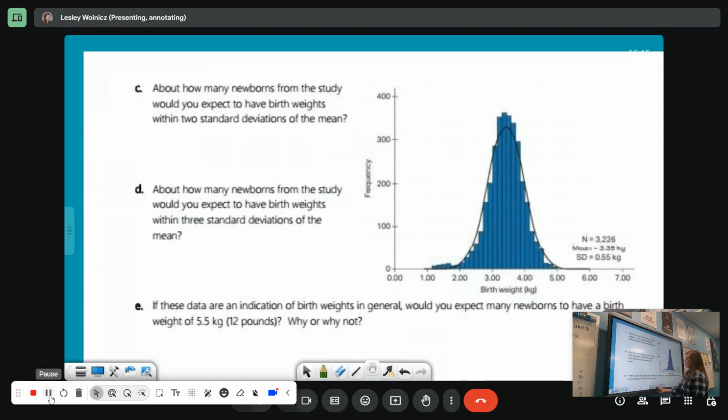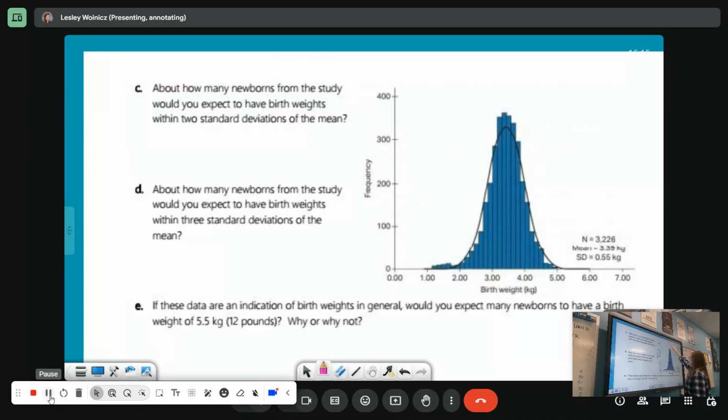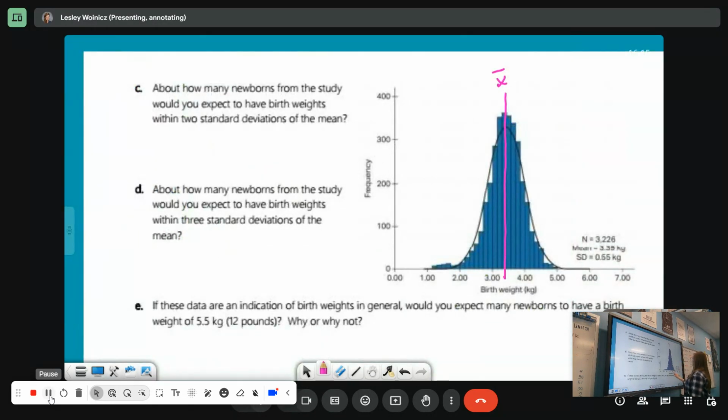About how many newborns from the study would you expect to have birth weights within 2 standard deviations of the mean? So this time, right here's our mean. Okay, let me look at my old picture. We had 1 standard deviation was here. Another one was like here.